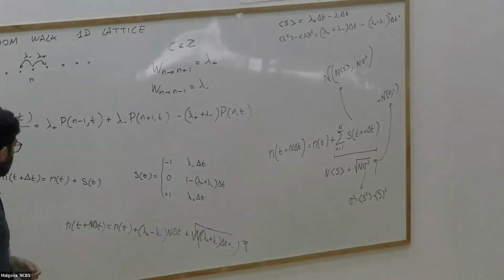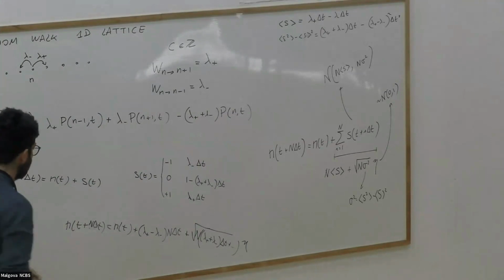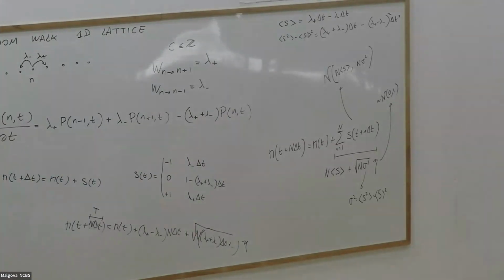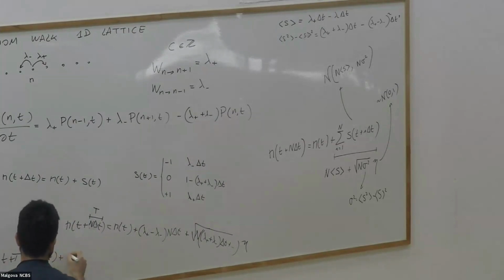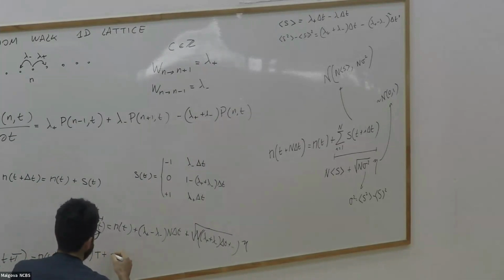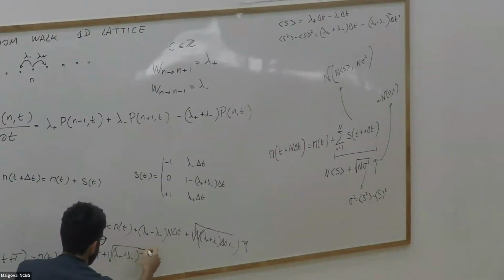Okay? So now if I call this capital T, what I get is that n of t plus T is equal to n of t plus lambda plus minus lambda minus T plus square root of lambda plus plus lambda minus T, times eta.